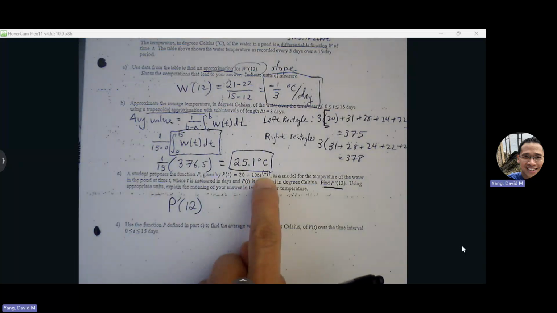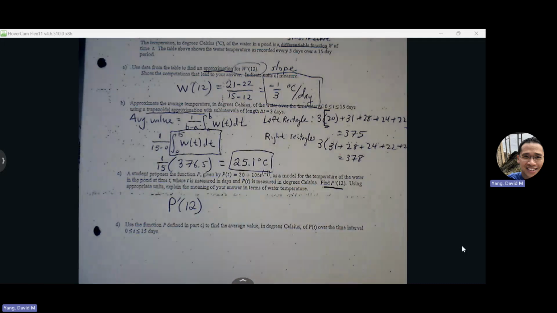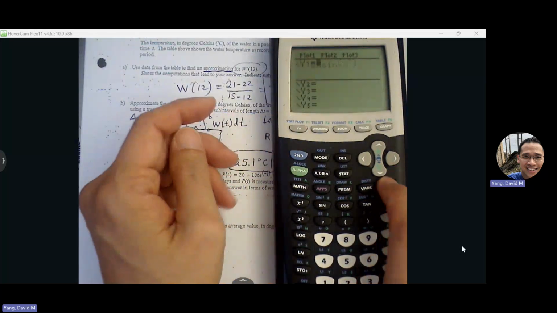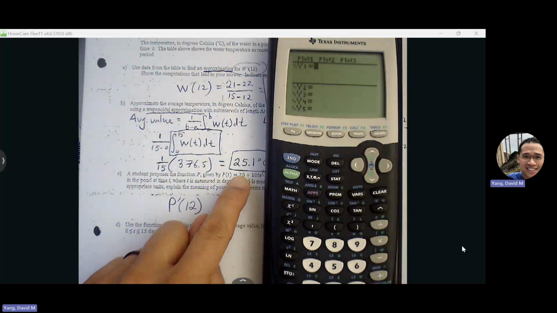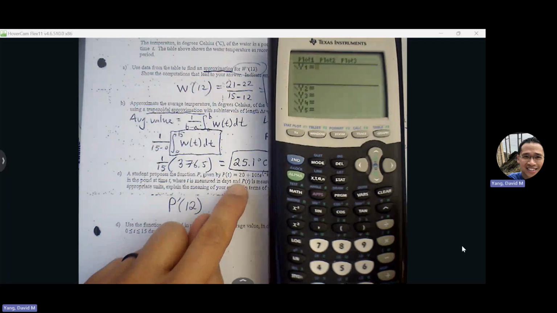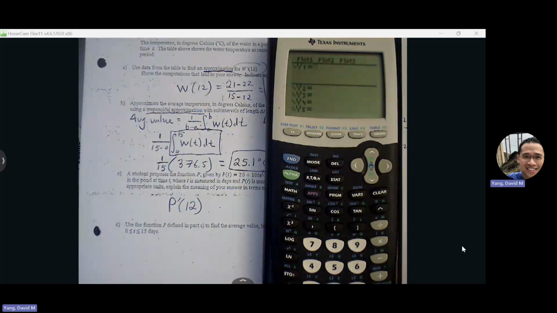I mean, we can go through a product rule and chain rule, but we can use our calculator to just do our derivative. So let's do math 8, but I'm going to have my y1 hold my function so that I don't have to type it in for part D as well. Again, you're always using the x variable when you're typing in the function.